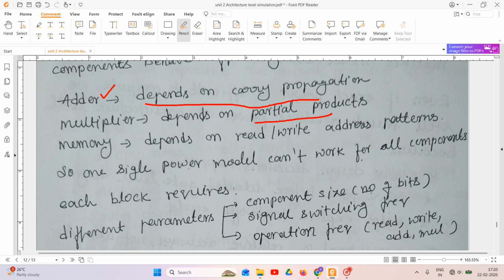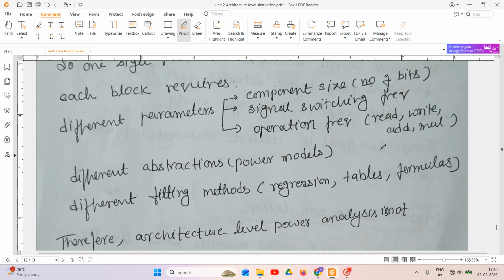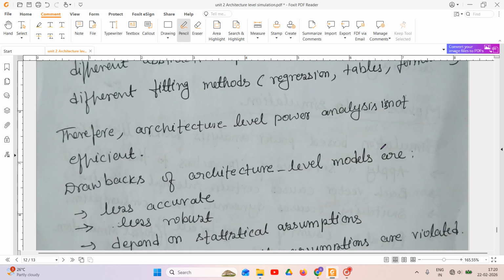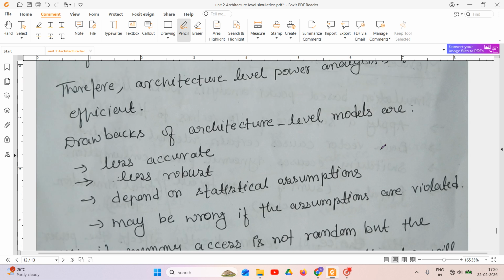So in architectural power analysis, the advantages are that it is robust and very simple, and we can determine the power analysis, but it may not match our real time result.